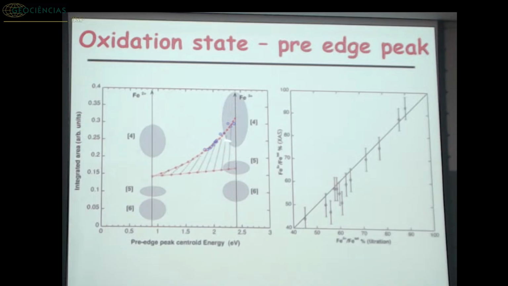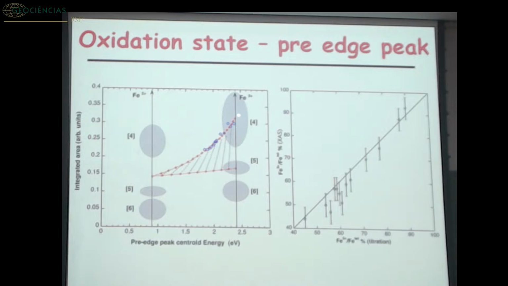So a point in itself is not a precise number, but we can model a weighted combination between 2 end members that we choose. In this case, if we choose this end member and this end member, each dot represents a 5 mole percent fraction of trivalent iron with respect to divalent. And they all plot along a very narrow trend. And from comparison with the computed weighted average of those 2 end members, we can determine a ratio between 3+ and 2+.